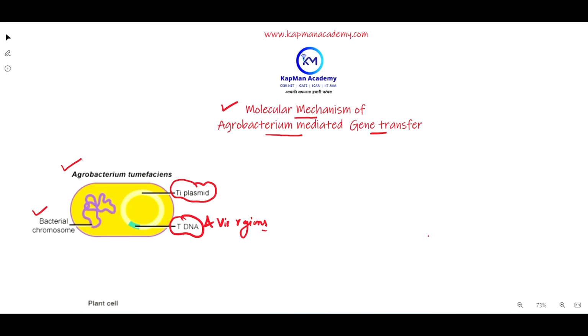Today we are going to discuss how Agrobacterium tumefaciens causes pathogenicity in host plants, so we are going to see its molecular mechanism.